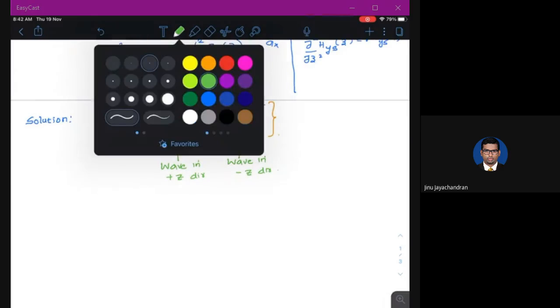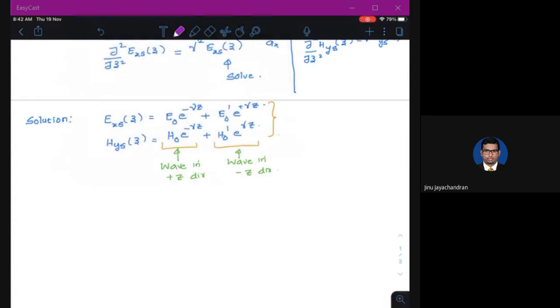Also, since this is an unbounded medium, whatever wave is propagating in minus Z direction is assumed to be a reflected wave. Transmission lines are bounded mediums, but we are considering here an unbounded medium where there are no structures to block the wave. So there is no chance of reflection.